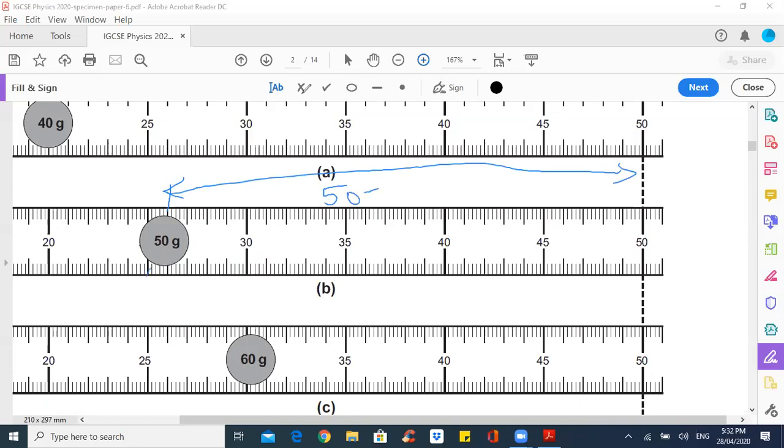So if here to here is 25, this is going to be 26, this is going to be 27, this is going to be 28, here going to be 29, and this is 30. So each of these bold lines is 1. So we need to find the center. The center of the bob is actually at this position here.